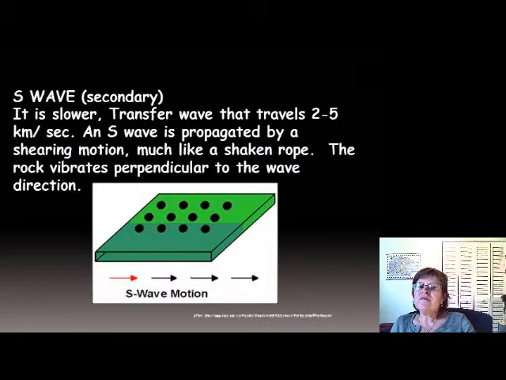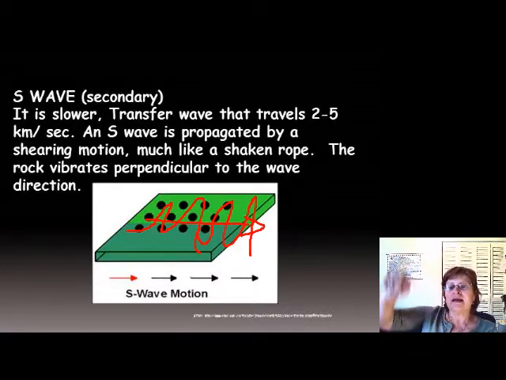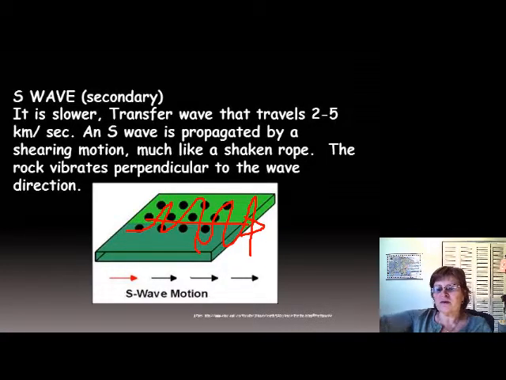The next type of wave is the so-called S wave or secondary wave. This one is slower, and the way it travels is that it goes up and down. But this is the propagation. The secondary wave moves like this. So it goes 90-degree perpendicular to the propagation of the wave.